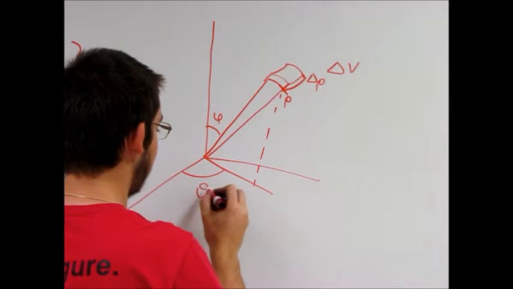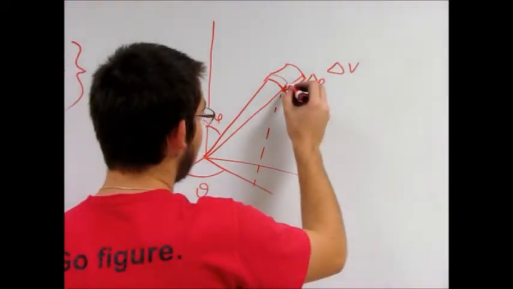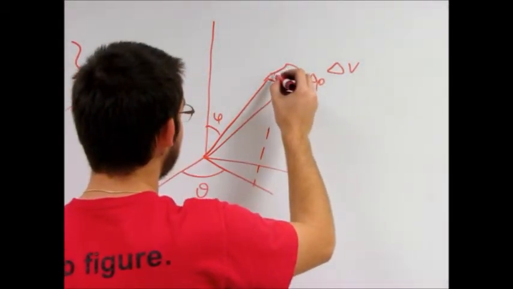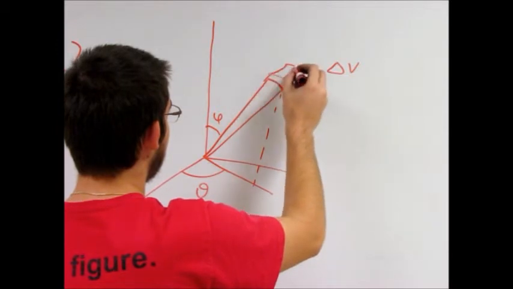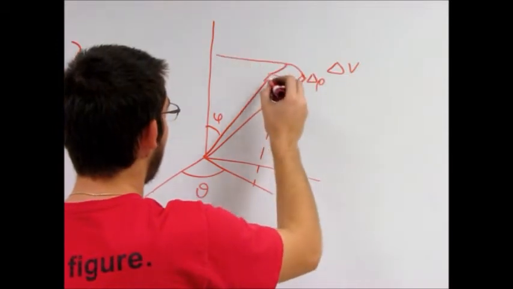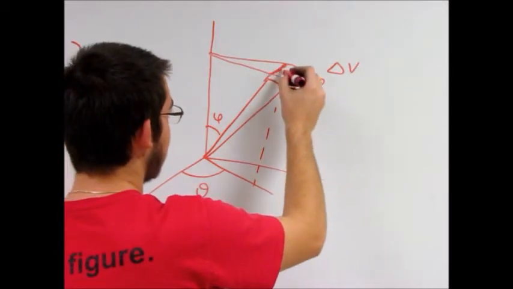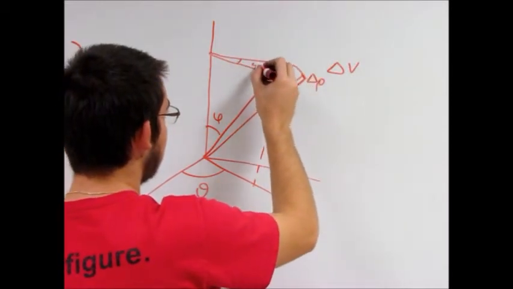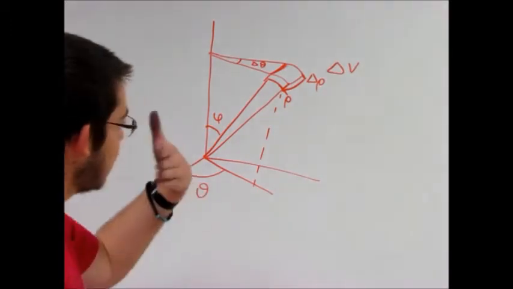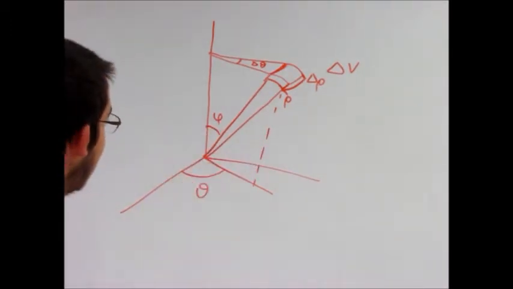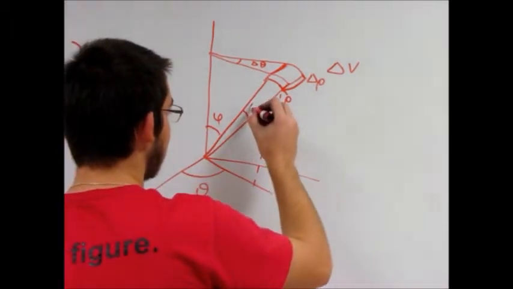This is your theta. And a small arc right here is delta theta, because it's going this way, whereas this is delta phi.